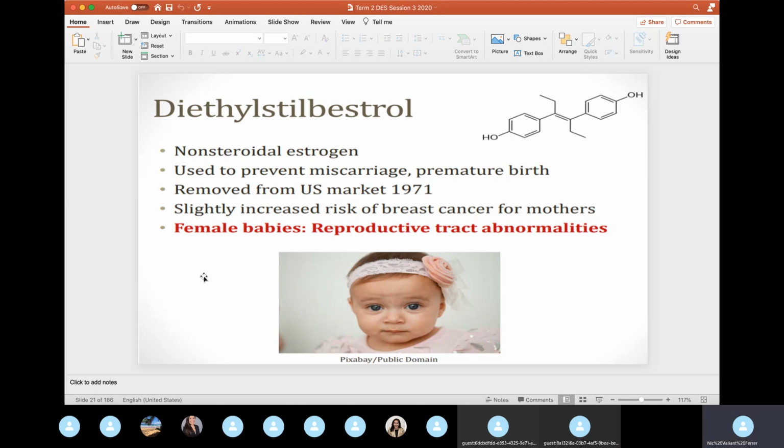If you don't know, one of the research says that for mothers who are exposed to diethylstilbestrol, it increases the risk of the fetus for homosexuality, right? And bisexuality. That's the controversial thing here. However, recent evidence shows that it's not true. Okay?